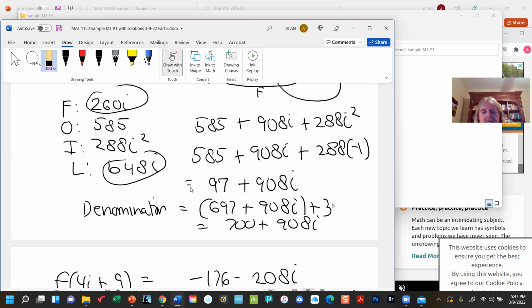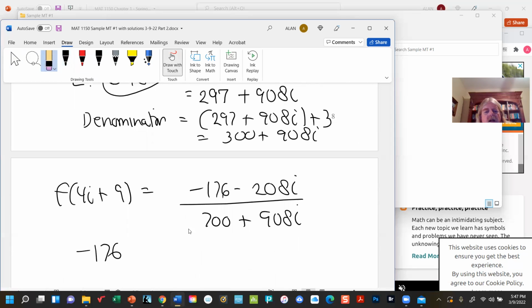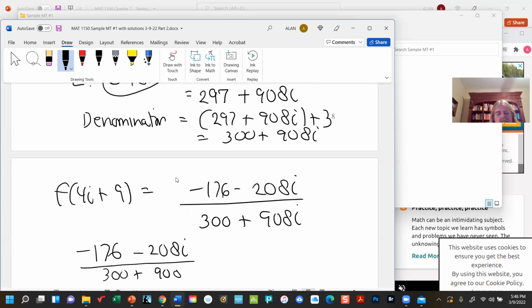It should have been 297, sorry. Yeah, and then one last detail: in a test, you can leave it like this, that's fine. But ideally, what we should do is multiply this by the complex conjugates. And that means, oh my God, two more FOILs.